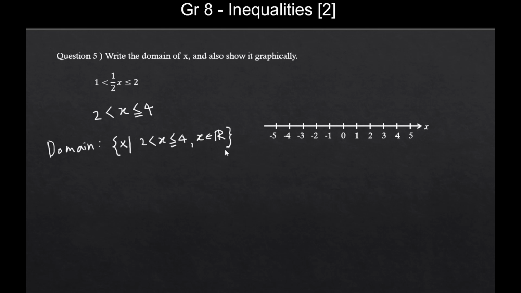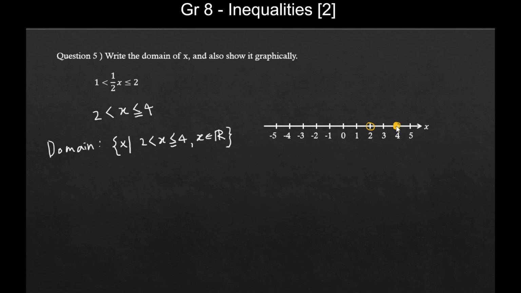Make sense? And now let's show it graphically. Let's do the left one first. x is greater than 2, right? So we should exclude 2 by putting an empty circle. And then it's in between 2 and 4, so smaller than or equal to 4. So I have to color this one.